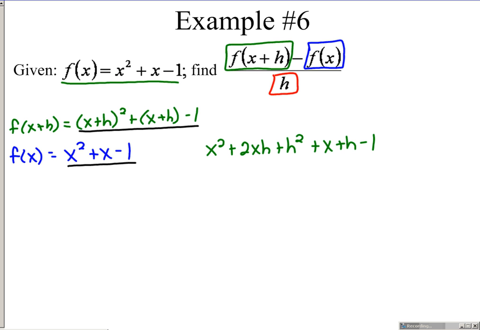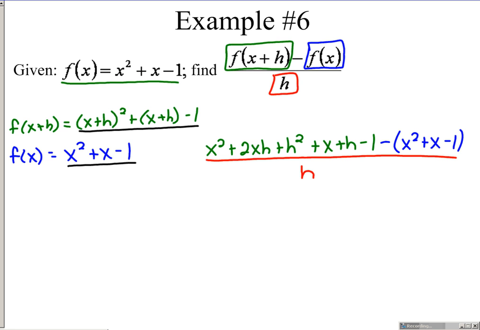Now I need to subtract off f of x, the whole thing. Since I'm subtracting the whole thing, you must put this in parentheses. If you don't, you're going to get this wrong every time. You're subtracting off the entire function f of x, and now you are dividing this whole thing by h. Once you do this, it's just a matter of simplifying everything correctly.